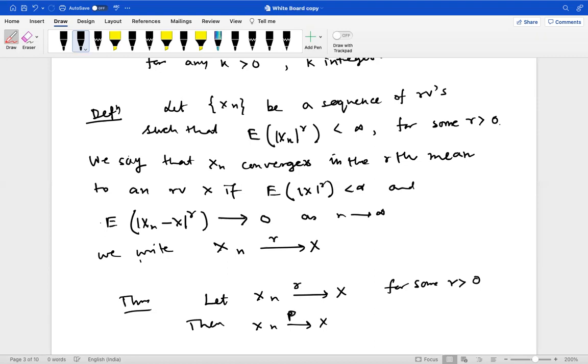Probability convergence is stronger than convergence in law, and rth moment convergence is stronger than convergence in probability. And there is a question whether the converse is true or not. Now the next theorem is this.